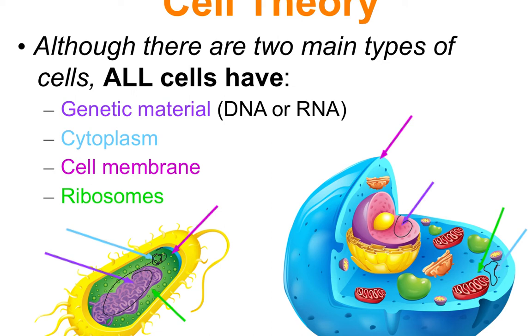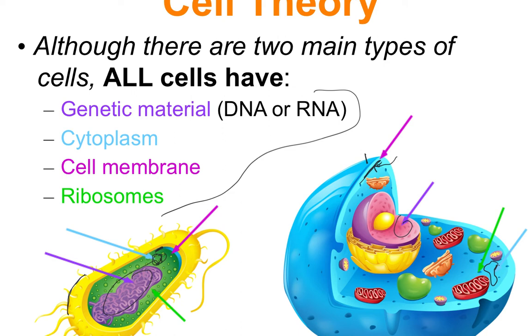So underneath the cell wall will be a cell membrane. And over here on the eukaryote, the cell membrane would be right here. So we'll have the wall on the outside and the membrane more tucked in on the inside. When we learn more about bacteria specifically, you'll notice that some of them have an additional outer coating called a capsid. But for now, just know that these are the four items that prokaryotes and eukaryotes, all cells, have in common.